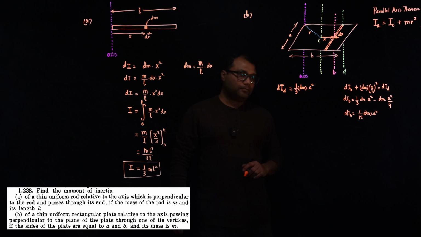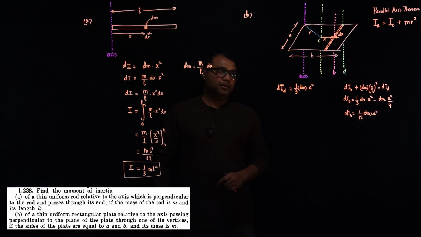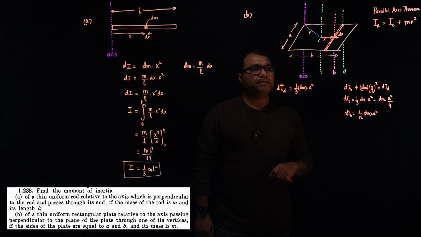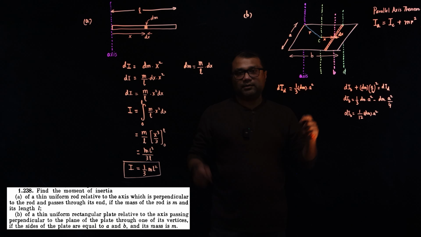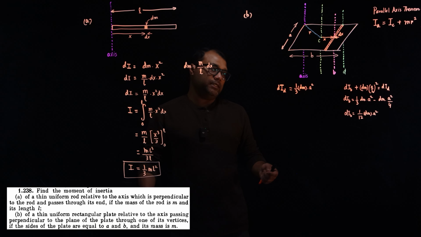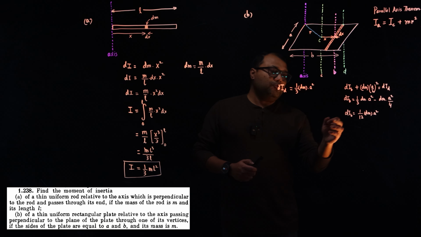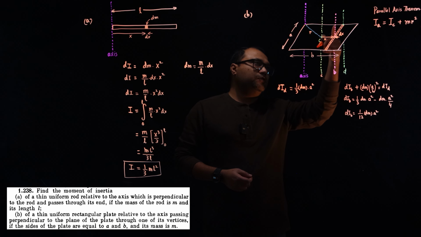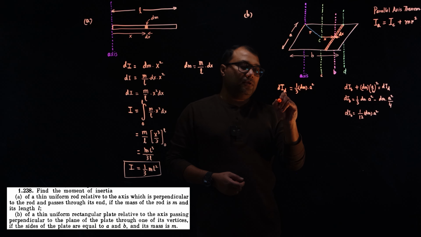Okay, great. This is actually a known expression: the moment of inertia of a rod about an axis passing through its center of mass is 1/12 m a square, where a is the length of the rod. But I arrived at this using this expression. Now we found dI_B, so this was about this element's center of mass.